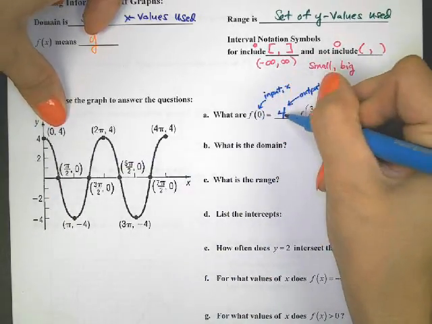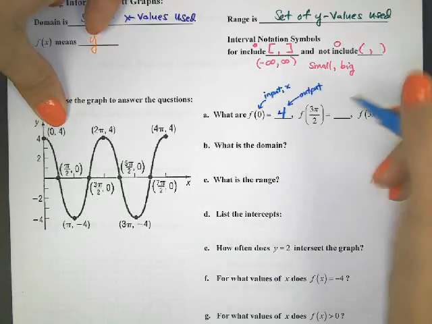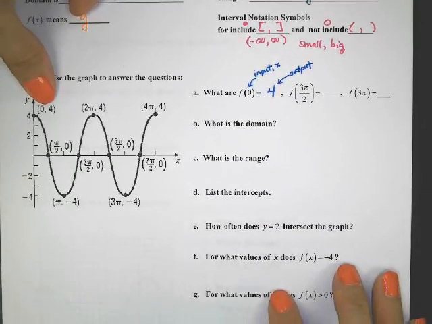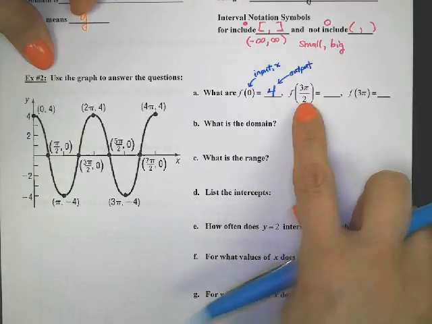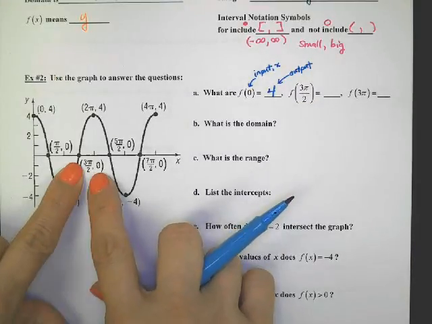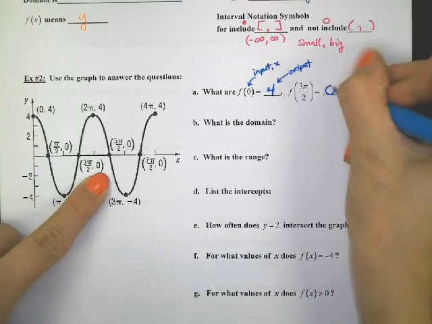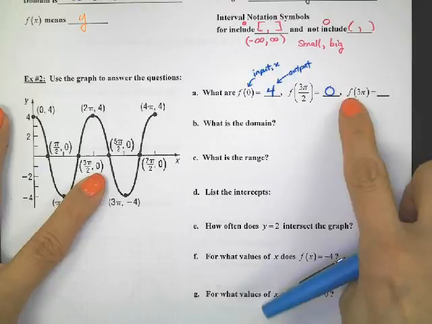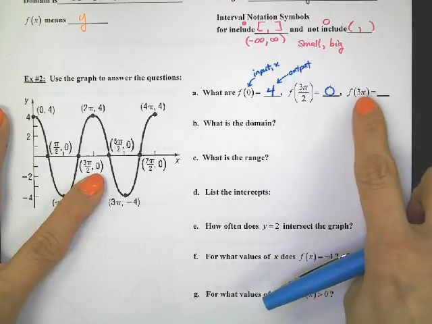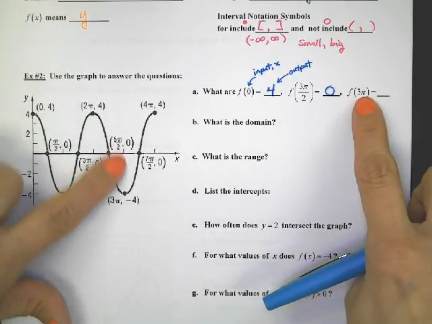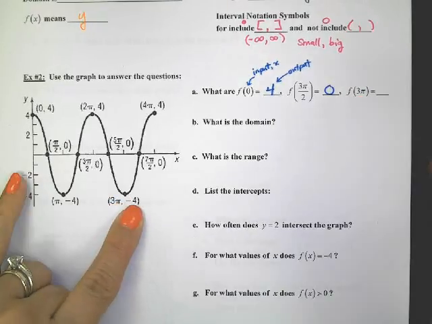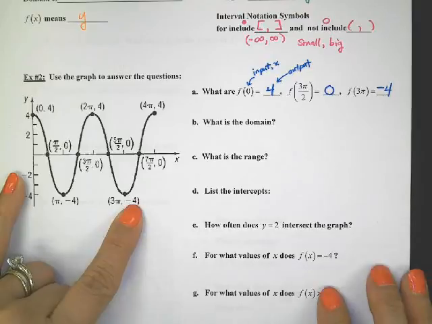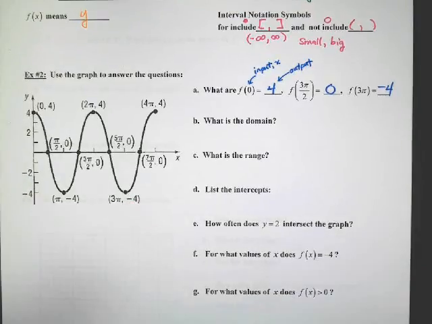F of 0 is 4. Let's try it again. F of 3 pi over 2. If I put 3 pi over 2 in as the x value, then 0 is the output. Okay, last time. What's f of 3 pi? You put 3 pi in, here's the point, and negative 4 is the output. So that's function notation from a picture.